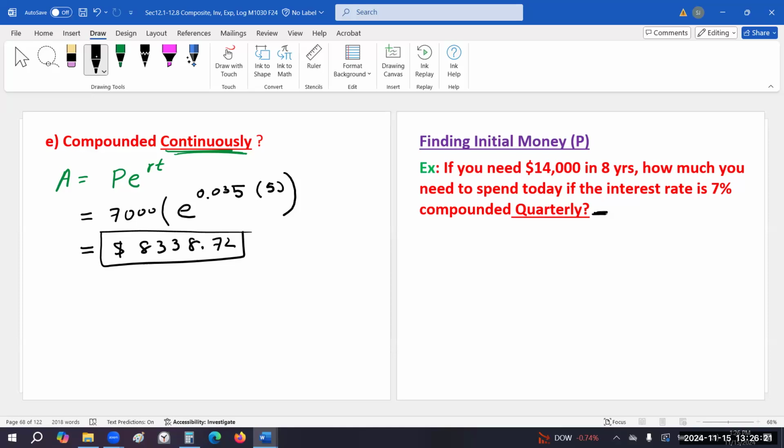How much money do you need to invest today with an interest rate of 7% if you decide to compound quarterly? So you're thinking about your future. For some reason, after 8 years, you need $14,000. The bank told you our interest rate is 7%, and you decided to compound quarterly. Then how much do you have to spend today? See, a real life scenario.